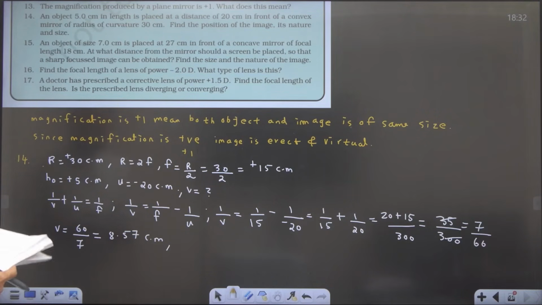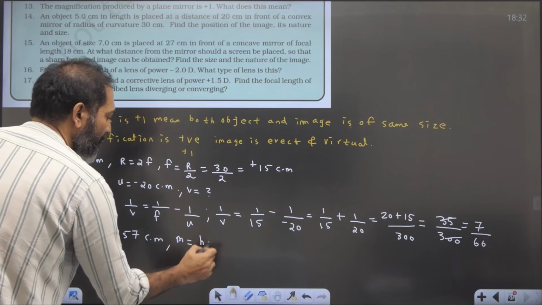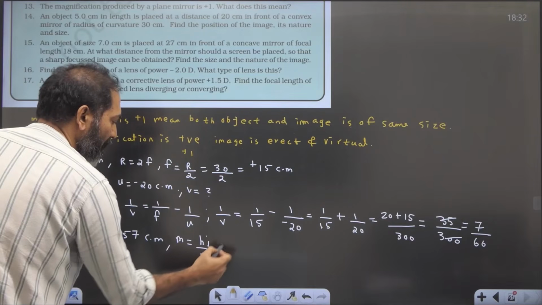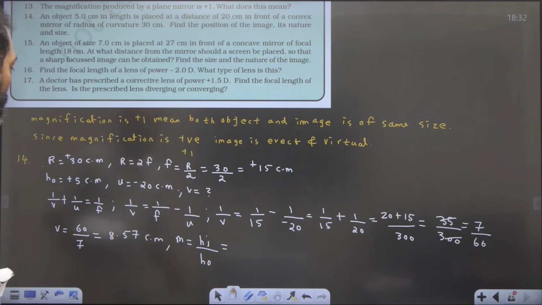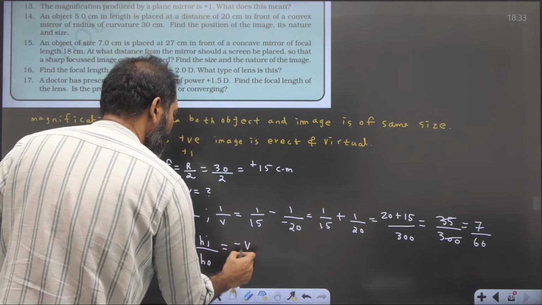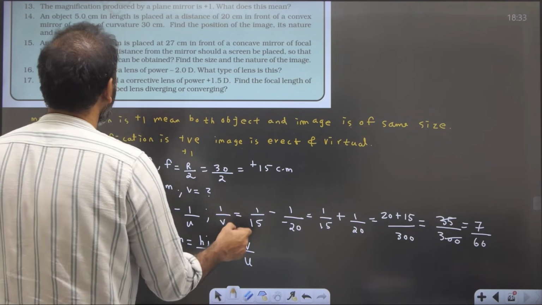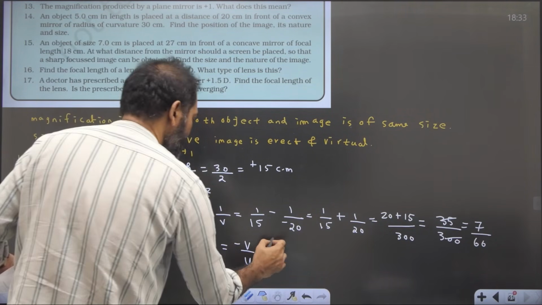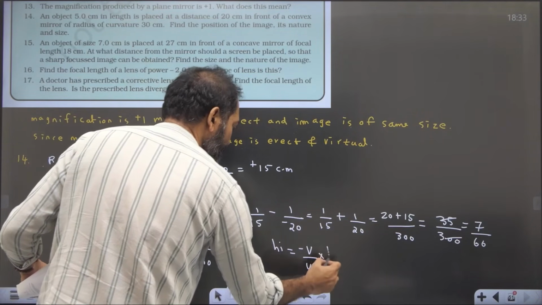Now, magnification M is equal to height of the image divided by height of the object. What is the height of the image? In a mirror, magnification is minus V by U. So height of the image is equal to minus V by U into height of the object.